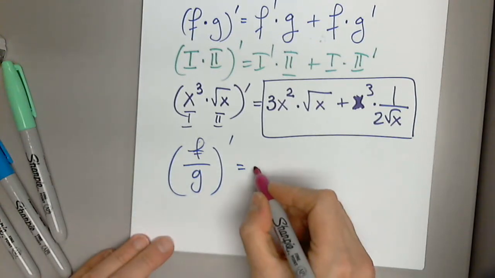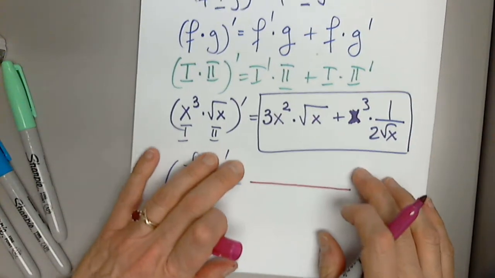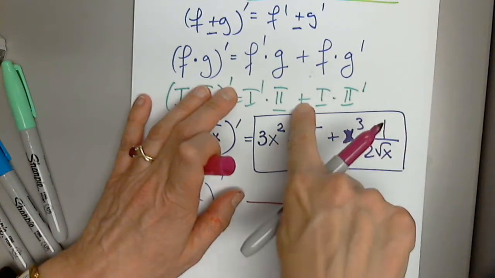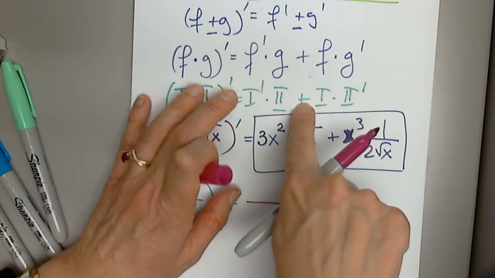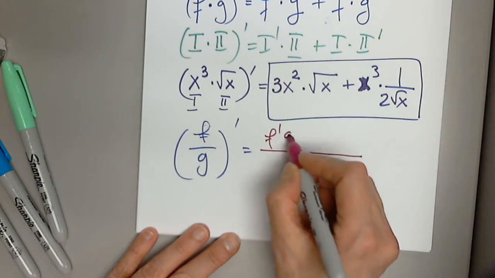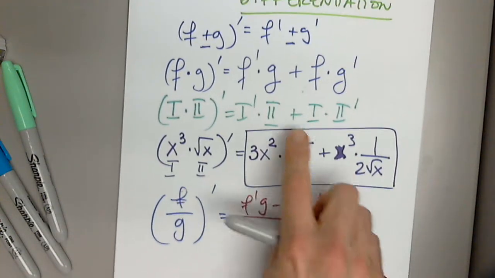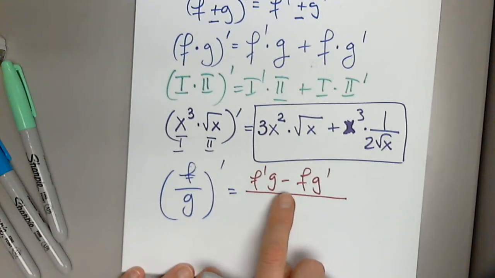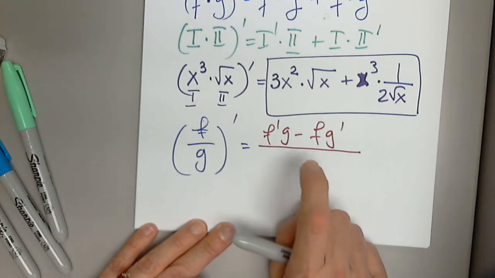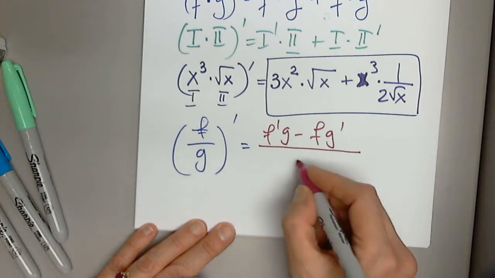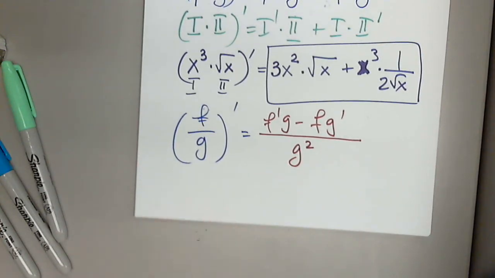Again, do not assume anything. This is a ratio. The numerator will be this, but with minus. So f prime g minus f g prime. Same as the product, but minus. And the denominator has nothing to do with the derivative. It's just the g function in the denominator squared.